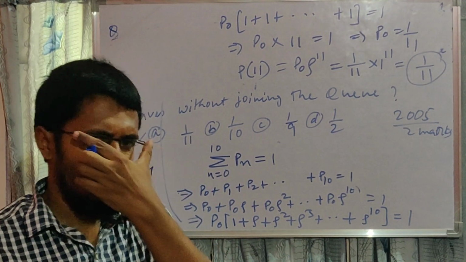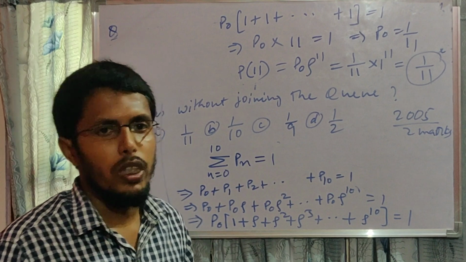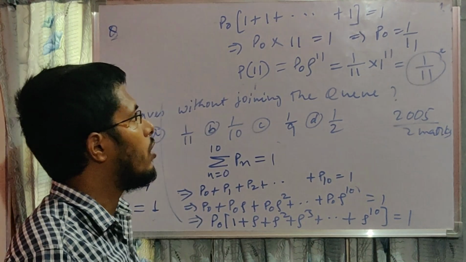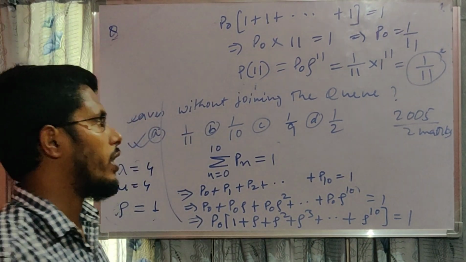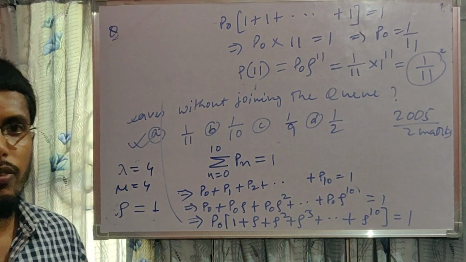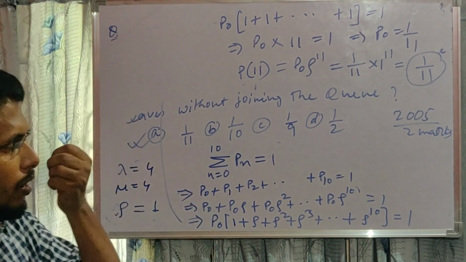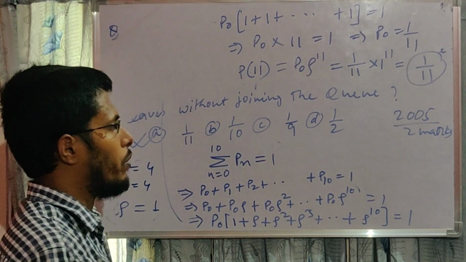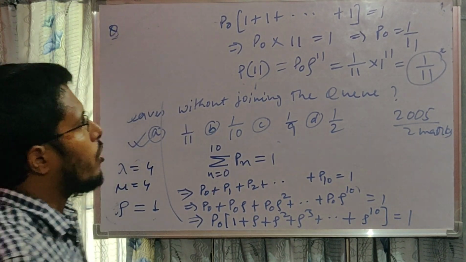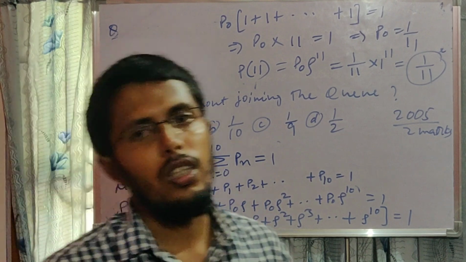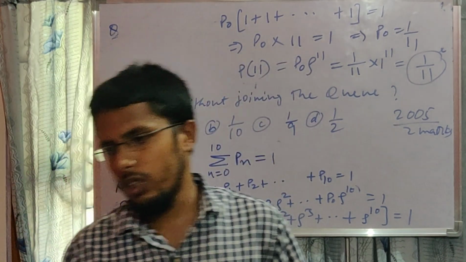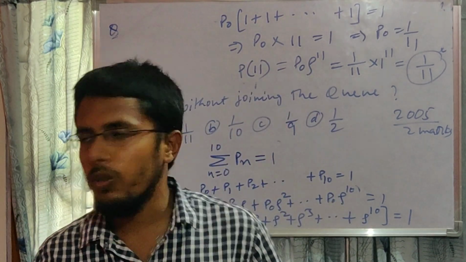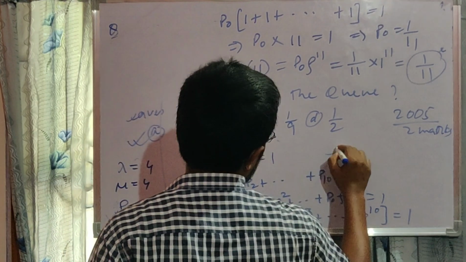So these are some very good questions regarding the queuing model. We have discussed 4 numericals, very good, high standard ones. You get this type of questions in the exam also, so you can easily score 2 marks, I think. So this is all about the queuing model.